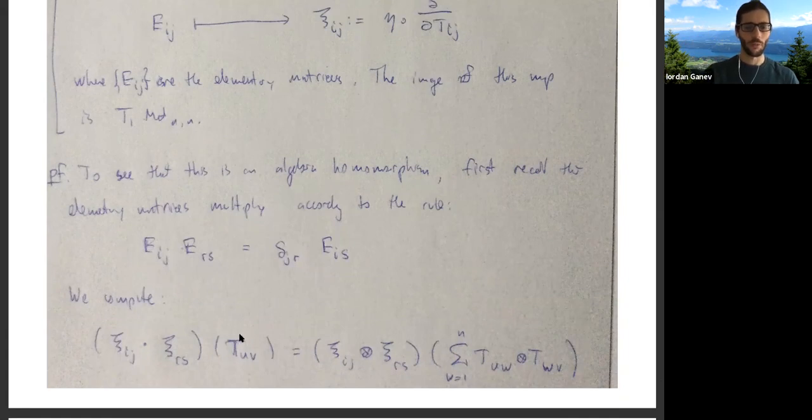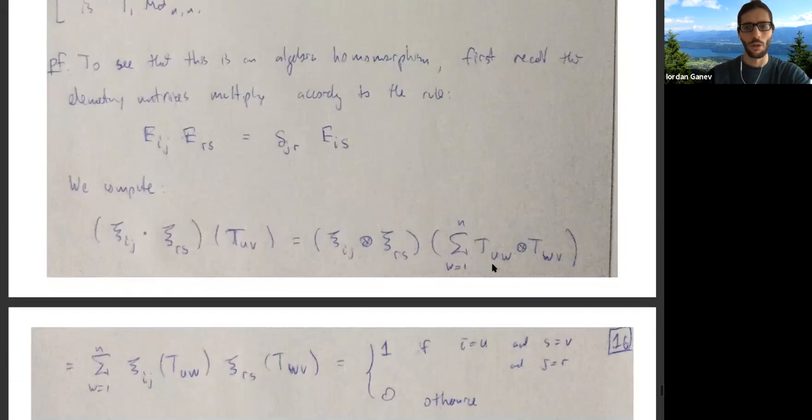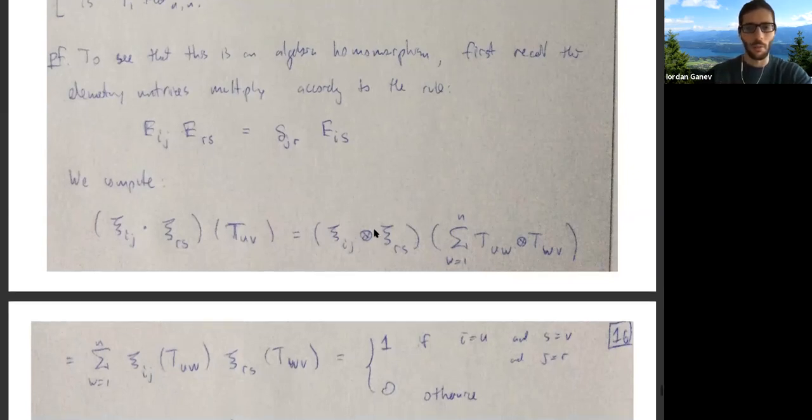So if we take some generator, where does this send that generator? Well, in order to compute it, we first do the coproduct of that generator. So that's this expression that we've seen before, and then we apply each of these to each of the factors.